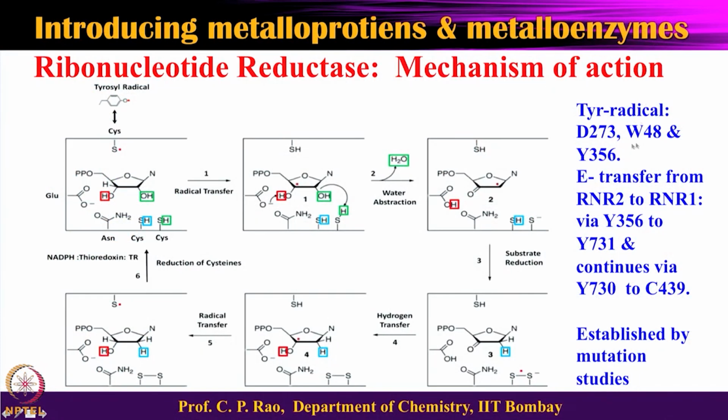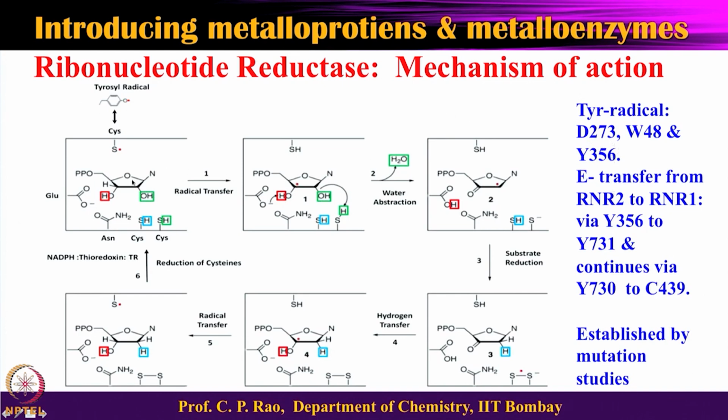For the tyrosine radical, as I said, the radical is placed with certain residue side chains and the hydrophobic core, and the residues are aspartic 273, tryptophan 48 and tyrosine 356. These are from the RnR2 side. That means this radical is not simply shown; there is a protein core protecting it, with a hydrophobic environment as well as the aspartic, tryptophan and tyrosine.